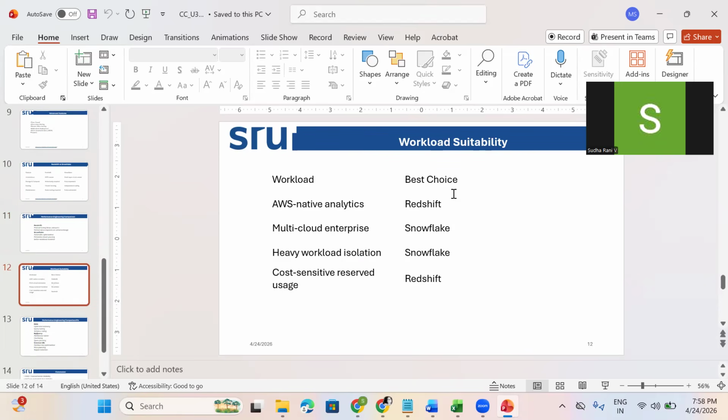Workload suitability: for AWS-native analytics, the best choice is Redshift. For multi-cloud enterprise, the best choice is Snowflake. For heavy workload isolation, Snowflake. For cost-sensitive reserved usage, Redshift.